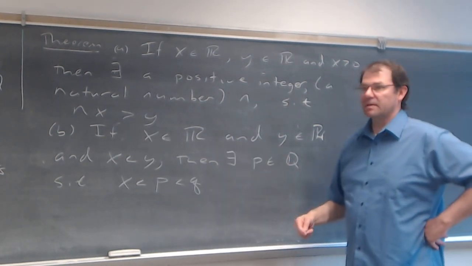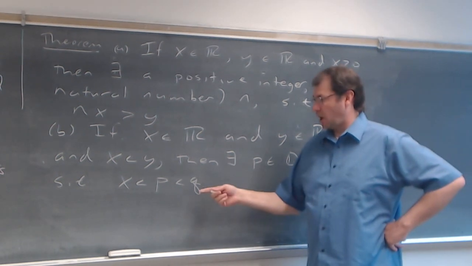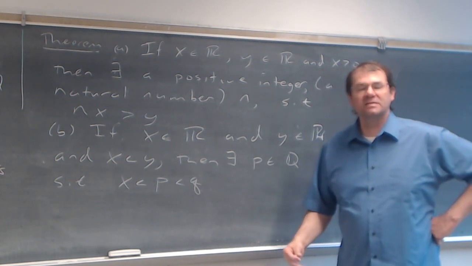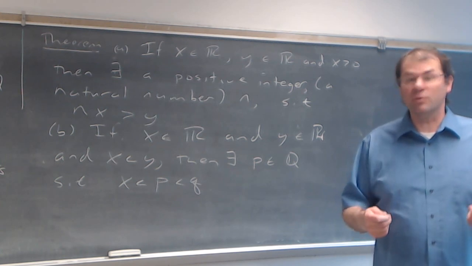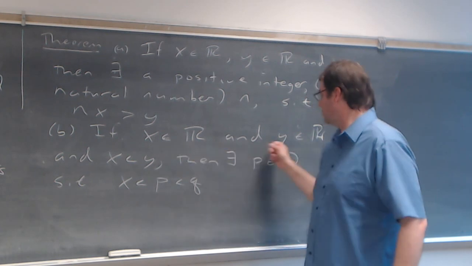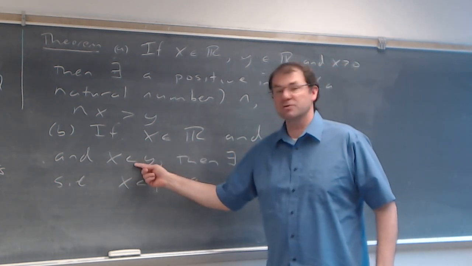This second statement is saying something called density of the rational numbers in the real numbers. What we mean by dense is that the set of rational numbers are everywhere. Mathematically, in R, if you give me any two real numbers that aren't the same, one bigger than the other, then there's going to be a rational number in between them.